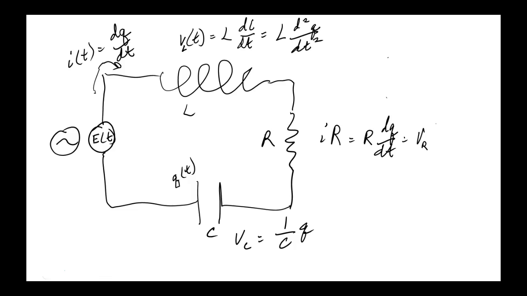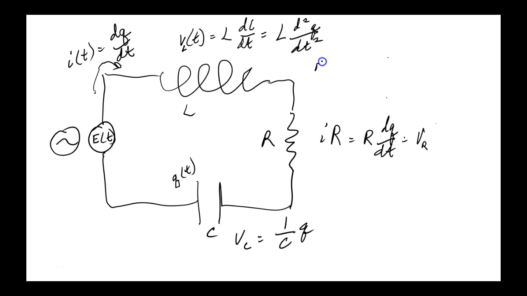Okay? So if this E of t is equal to L d2Q/dt squared, the second derivative of Q with respect to t, plus R times the first derivative of Q with respect to t, plus Q over C. Okay? That is now a differential equation. So let me write it down.